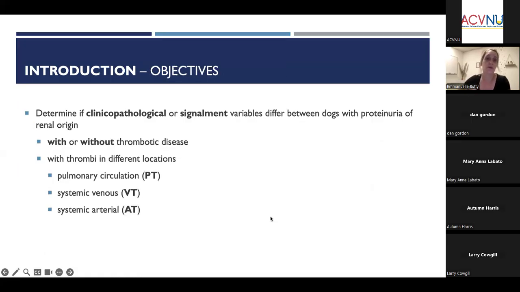And so the objective of the authors was to look at clinicopathological and signalment variables in a group with thrombotic disease and one without, and also, for the group with thrombotic disease, to see if there is any difference between thrombotic disease in the pulmonary circulation or in the systemic venous or systemic arterial circulation.